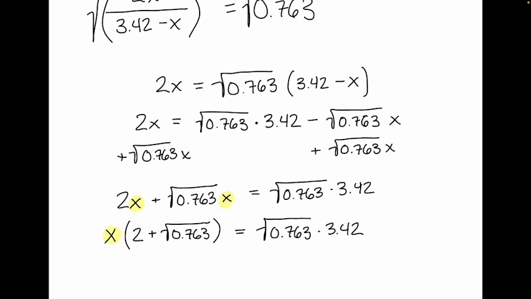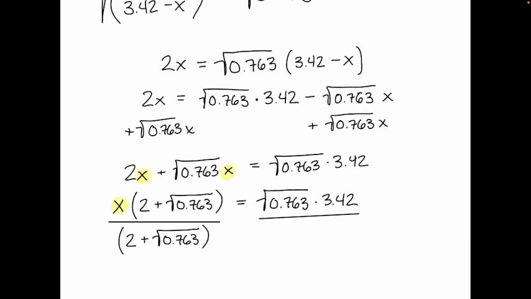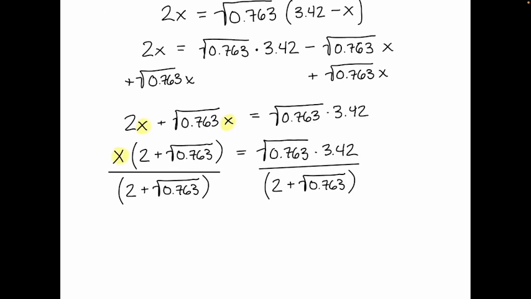And then finally, to get x all by itself, I'm going to divide both sides by that 2 plus my square root. So at the end of the day, these will cancel out, and I'll be left with x equals whatever this number is.